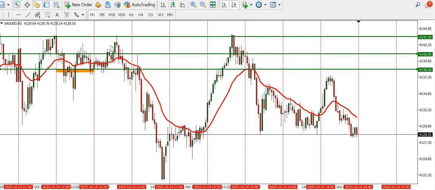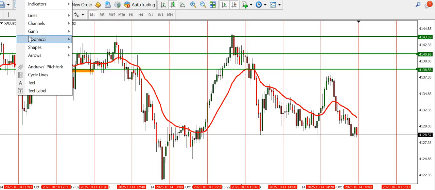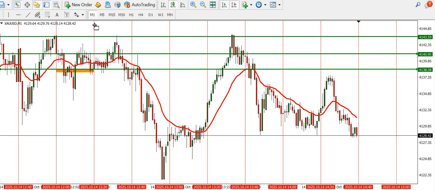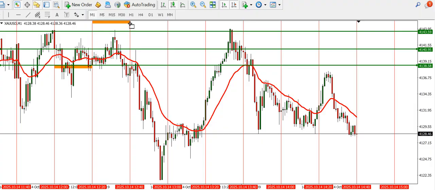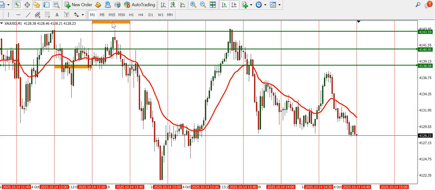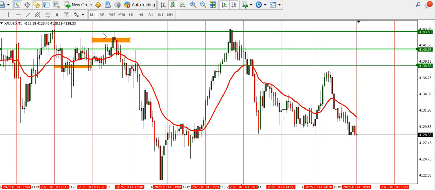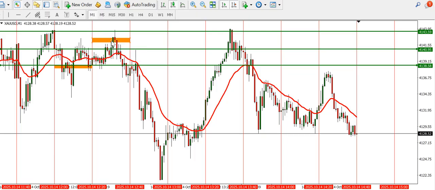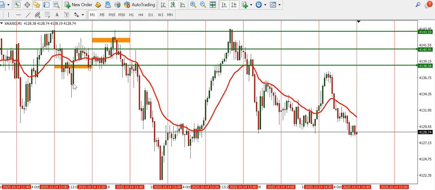So I have a resistance in the next section, and I'm going to draw a shape at the midpoint of the upper section, where my resistance demarcation is.